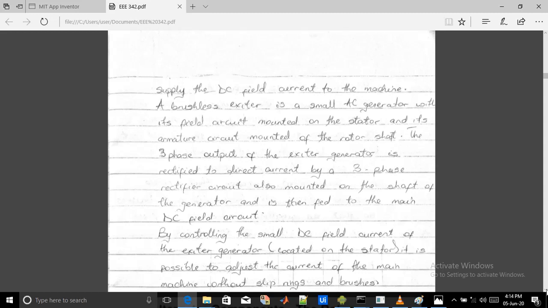The three-phase output of the exciter generator is rectified to direct current by a three-phase rectifier circuit also mounted on the shaft.